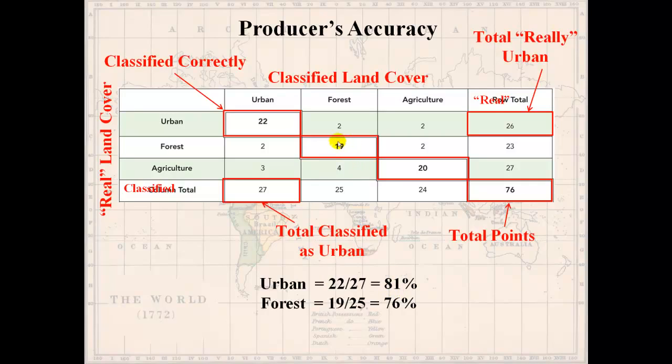Forest, 19 were classified as forest that really were forest, but there were 25 that total were classified as forest. They made a mistake when they called 4 of them agriculture, and another mistake when they called 2 of them urban. So we've got 19 over 25. Ag, similar thing, 20 over 24, 83%. So we're taking our diagonal and dividing it by the classified total.